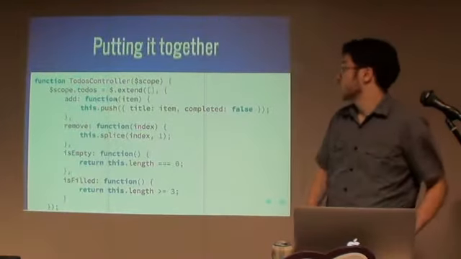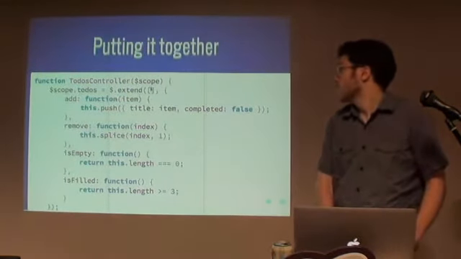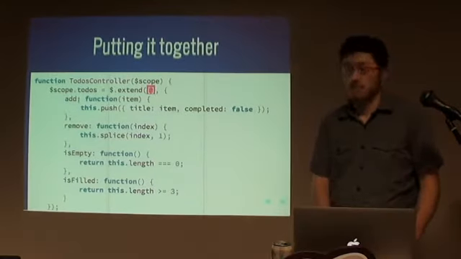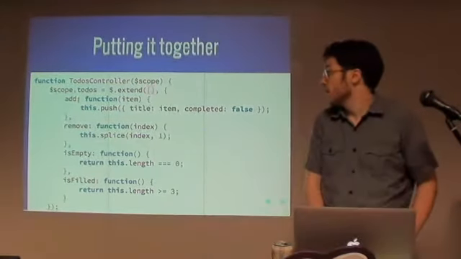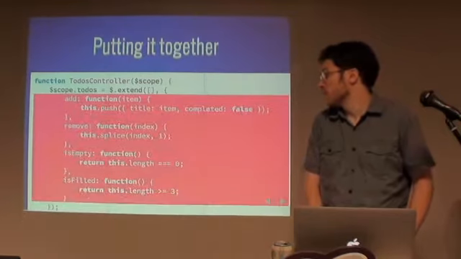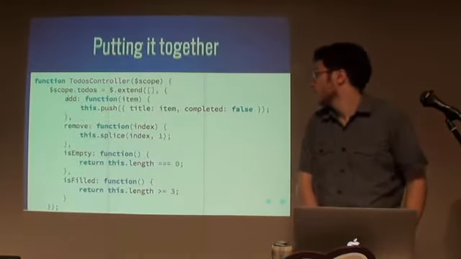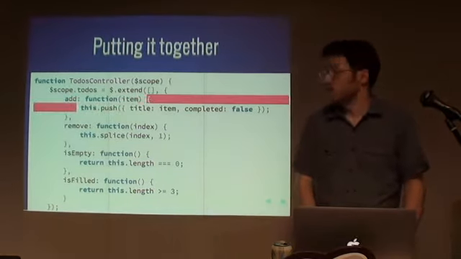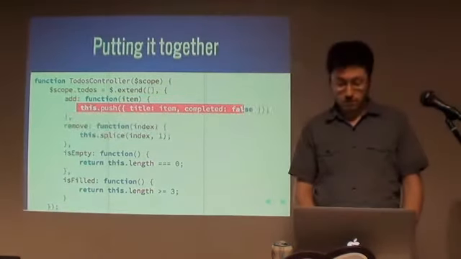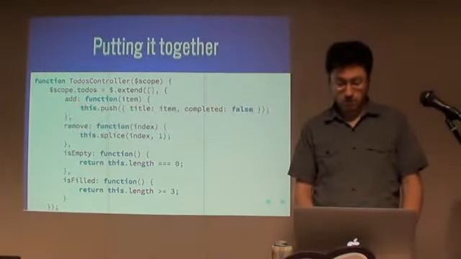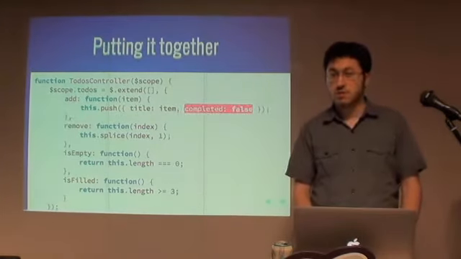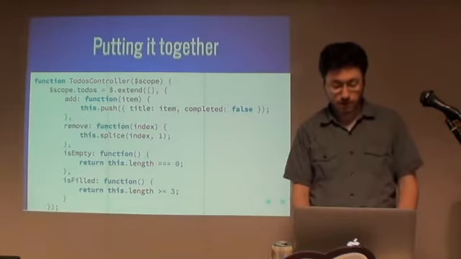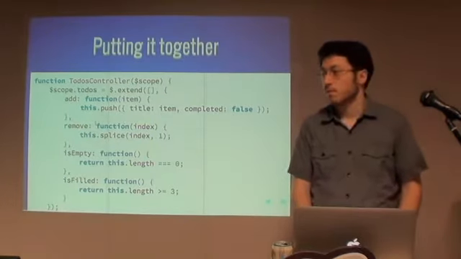So here is the controller. We're starting with an empty array and extending it with some functions to manage it. This one adds new items by including some default values within the object; initially an item is not completed, so it's false.